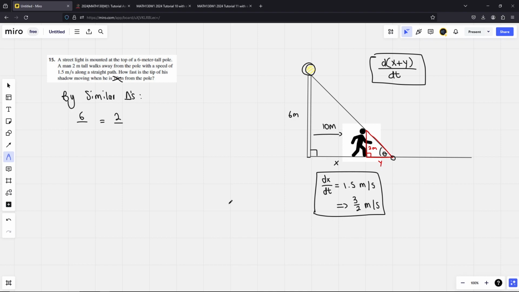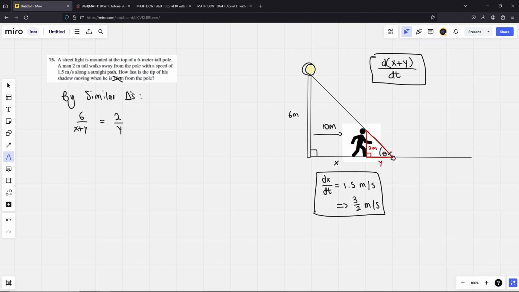And I want the adjacent of the bigger triangle, which is x plus y, and the adjacent of the smaller triangle. Let me go over that one more time.